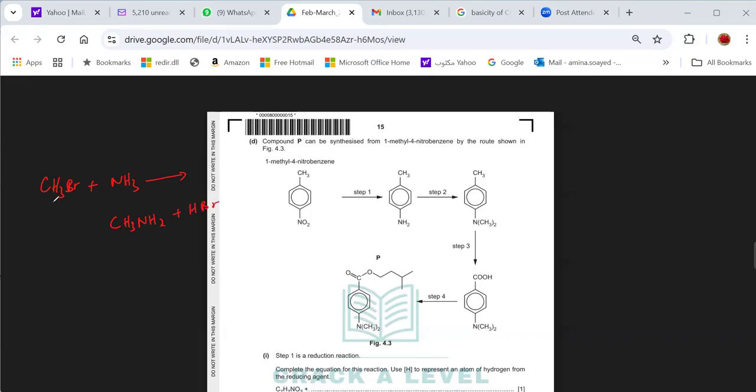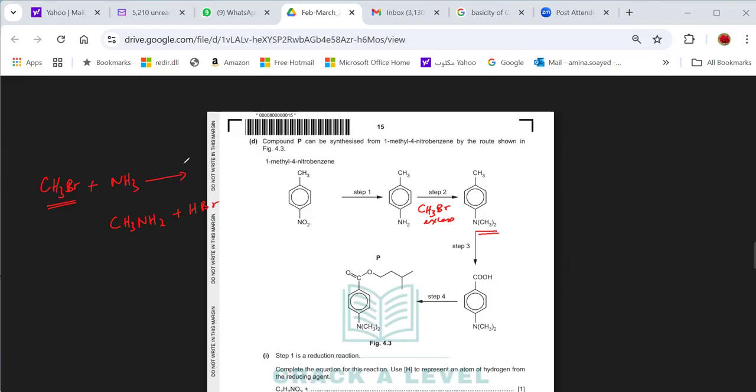And if you add excess of this molecule, then you will get the N(CH3)2. Every time a hydrogen is removed from the nitrogen. So here, the reagent that we are going to use is a halogenoalkane. We can write excess of the halogenoalkane so that we can get the N(CH3)2 between brackets.